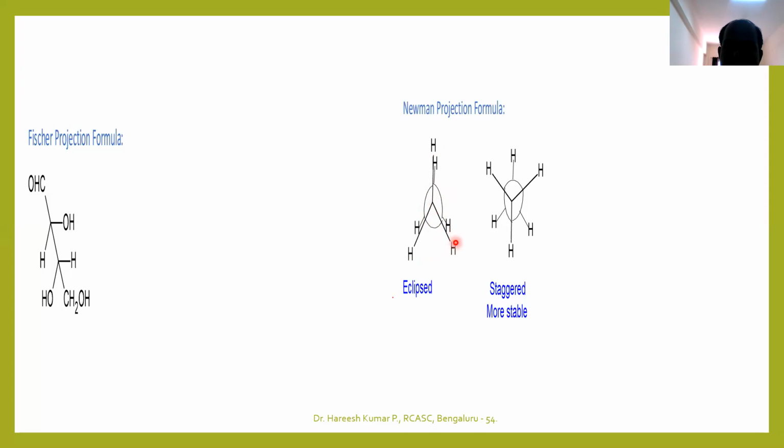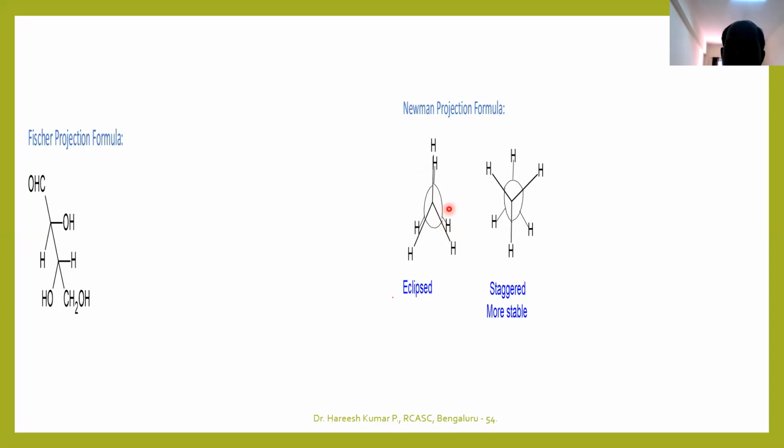You can also observe that exactly behind this H, one more H is there. That is the reason it's called eclipsed. That means you can only see the front carbon and its substituents, not the back one, because of the eclipsed form.